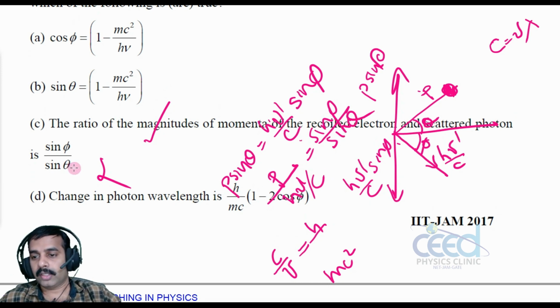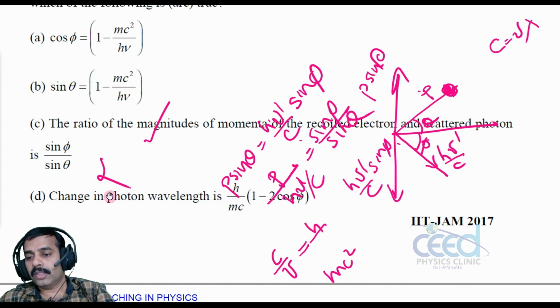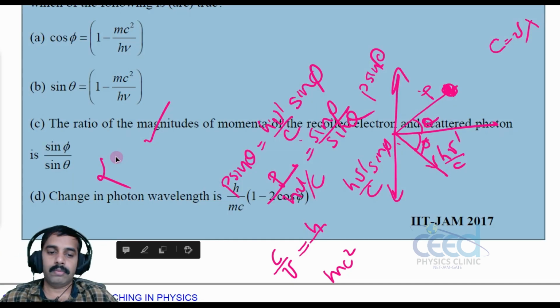So which are the correct options? Sorry, A and C. Cos phi we have seen as 1 minus mc square by h nu, and for C we got sin phi by sin theta.